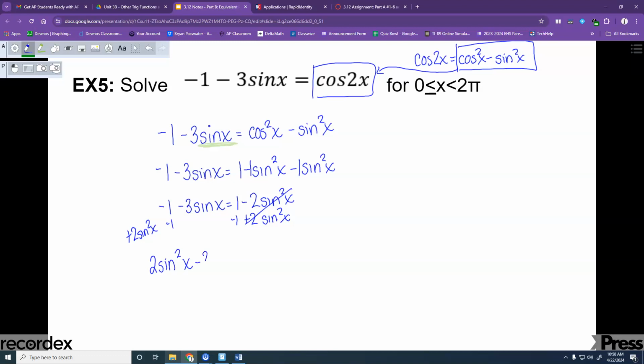I'm going to put the minus 3 sine x next. And then we'll have a minus 2 equals 0. Where does the minus 2 come from? The negative 1 minus 1 is going to give you a negative 2 instead of canceling. Yeah.